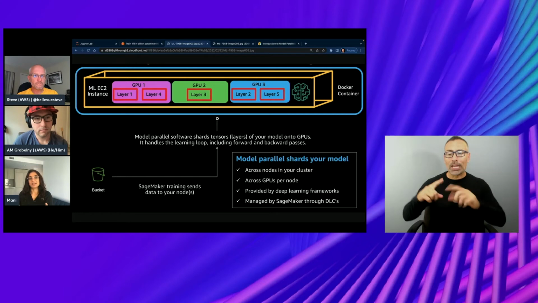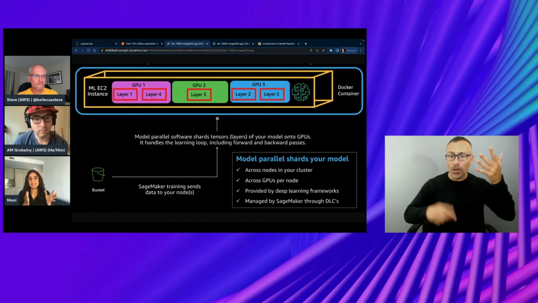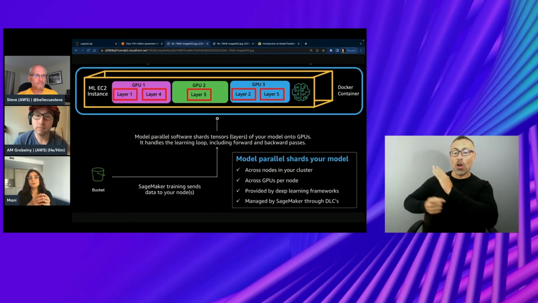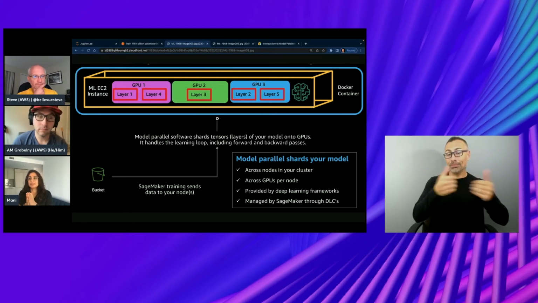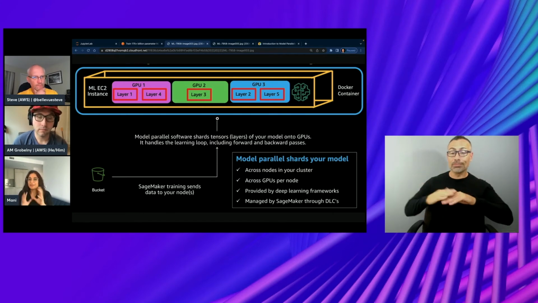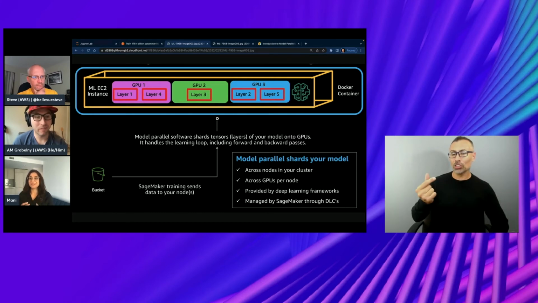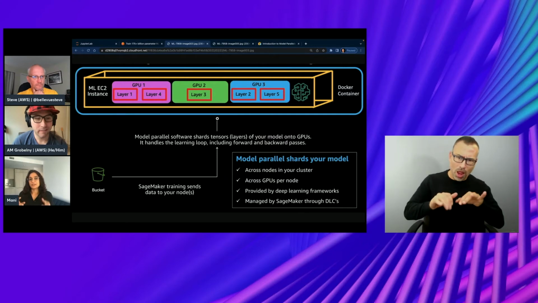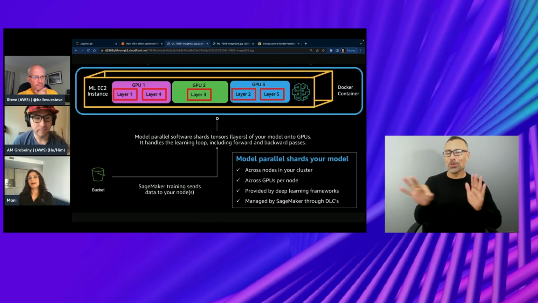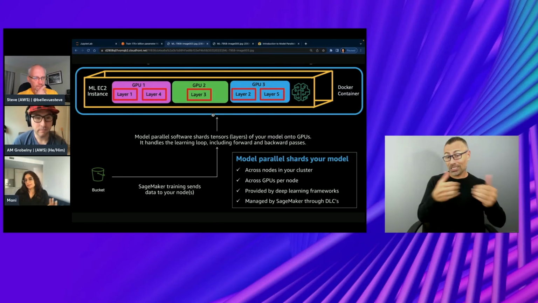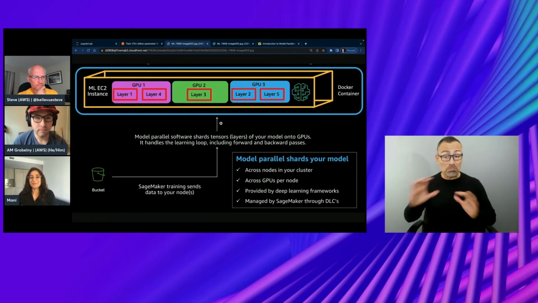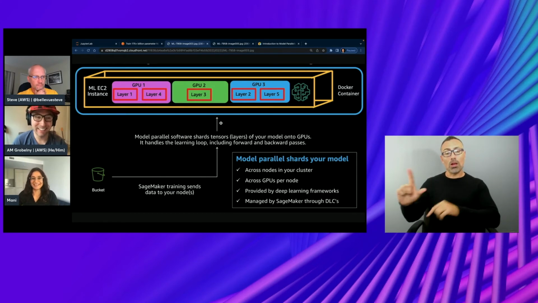Based on that, it will run an automatic model partitioning algorithm to place the different layers into different GPUs. So a lot of the heavy lifting that you would do manually, you can avoid by choosing the auto partitioning parameter. You also have an option to do it manually with the SageMaker model parallel library, but I prefer automatic partitioning.